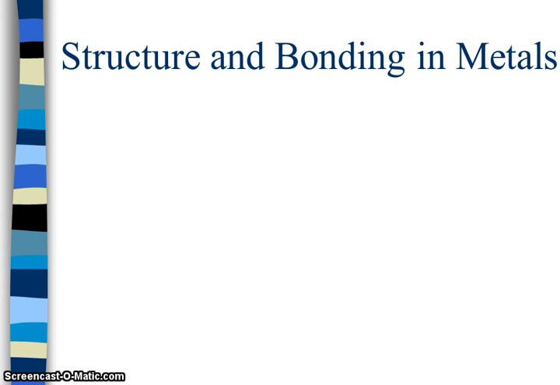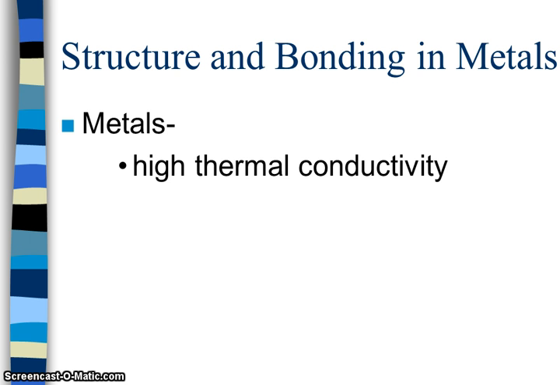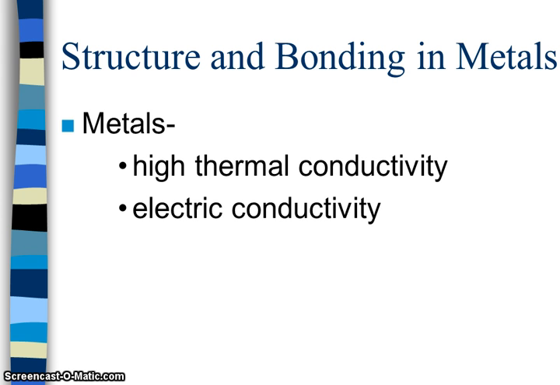So we want to talk specifically about an atomic solid which has metal atoms at its lattice points, or we want to talk about metals. And when we deal with metals, we know several characteristics about metals. We know that metals have high thermal conductivity, high electrical conductivity.